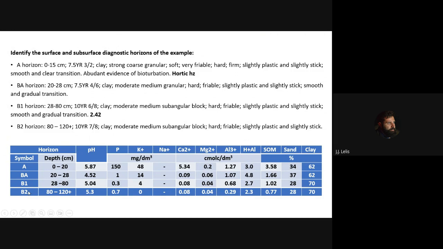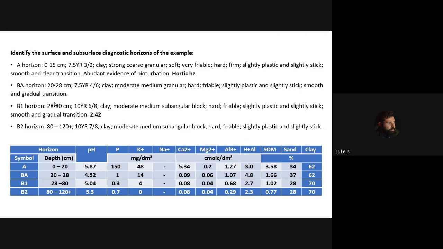So we have the B2, B1 classified as a ferralic horizon, and so we have a hortic horizon in the surface, and a ferralic horizon in the subsurface of the soil, okay? These two diagnostic horizons could help us to classify the soil in this example.